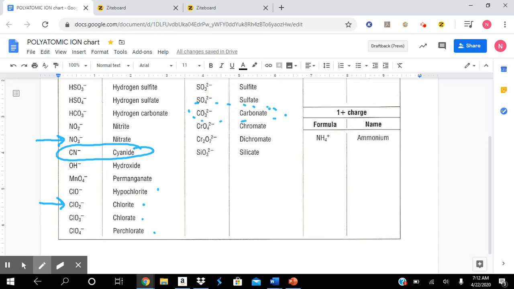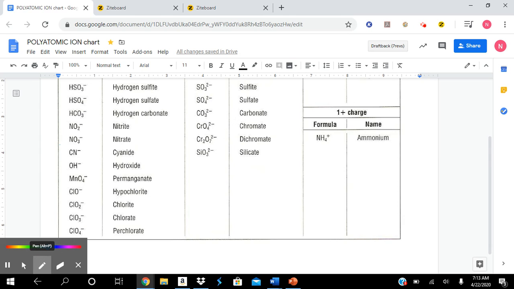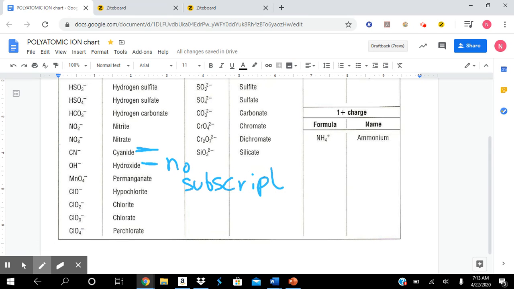I think there are only 2 polys on this chart that don't have a subscript. Those 2 polys are cyanide and hydroxide. They still get parentheses when you crisscross. Okay?